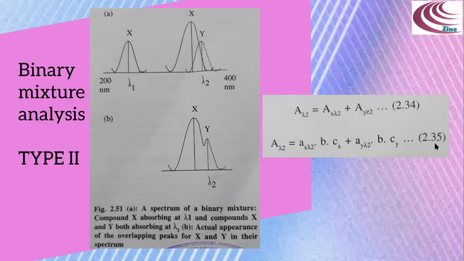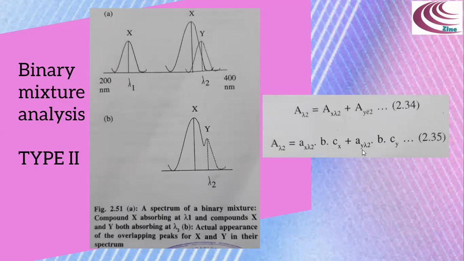So in this equation 2.35, the value of A λ2 is known since the net absorbance of the mixture at wavelength 2 is recorded. The absorptivities of X, that is a_X λ2, and Y, a_Y λ2, at wavelength 2 can be found out.